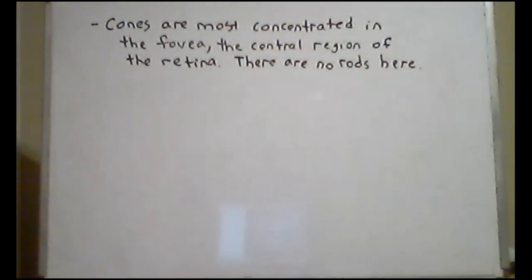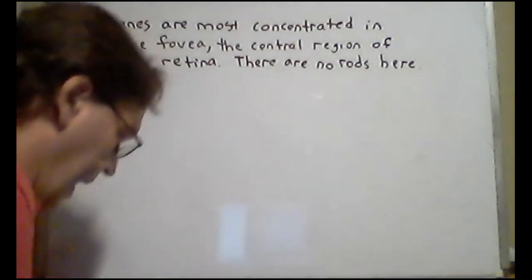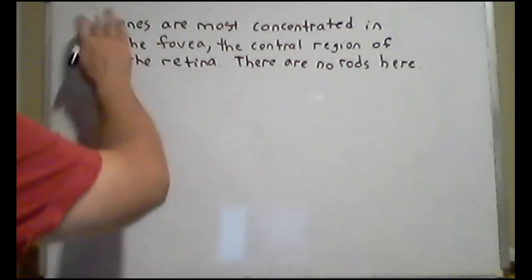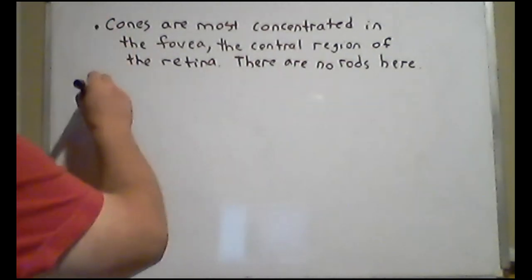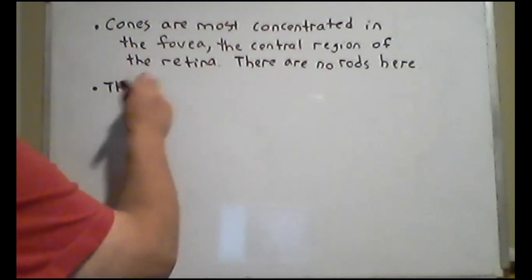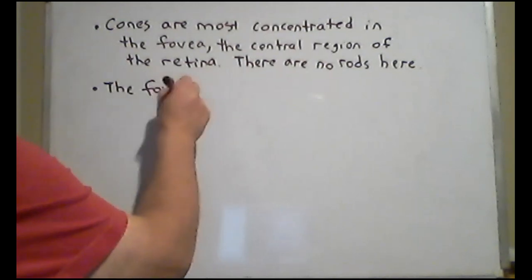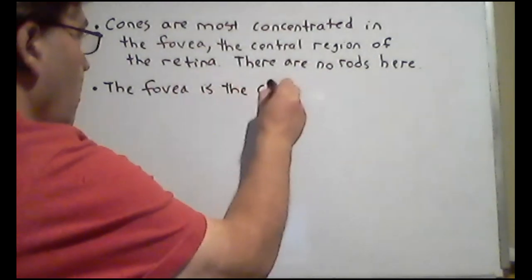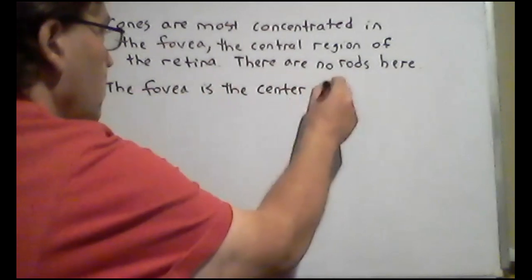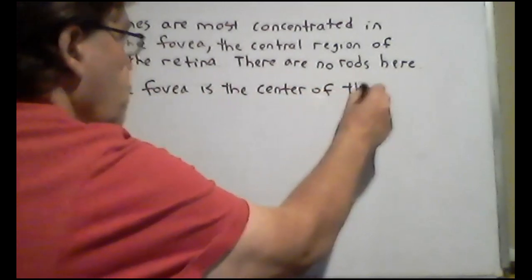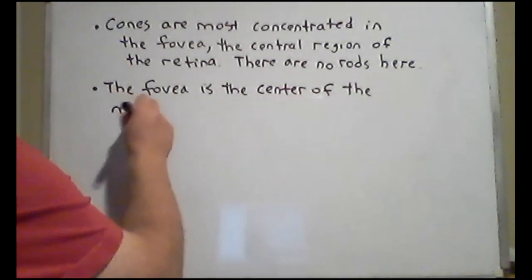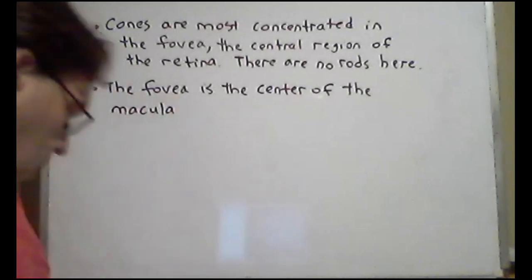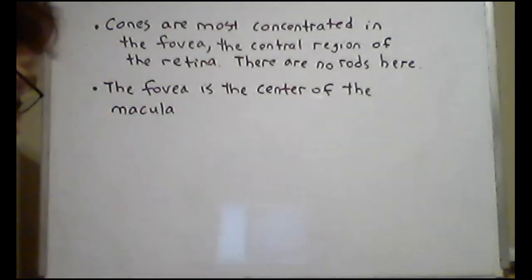Now, the fovea is the center of the macula. So again, looking at the eye, the fovea is the center of the macula. Okay, that's a 5 millimeter diameter region responsible for our central vision.